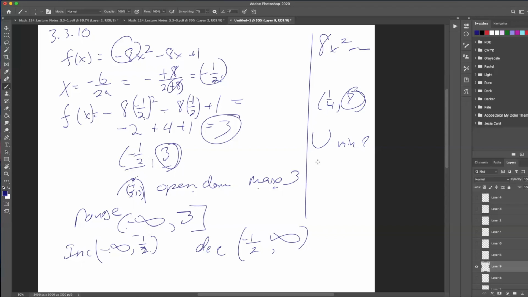Then my range would be from 7, including it, to infinity, and it would be decreasing from minus infinity to a 4th, and then increasing. So it's just the opposite of what we did here. This should be able to solve all those sorts of problems.